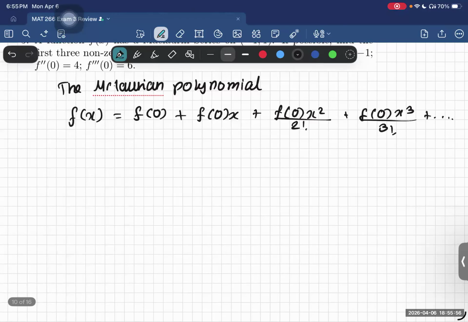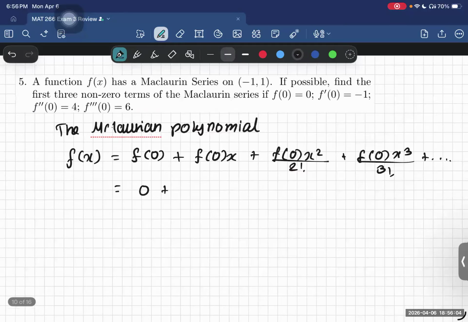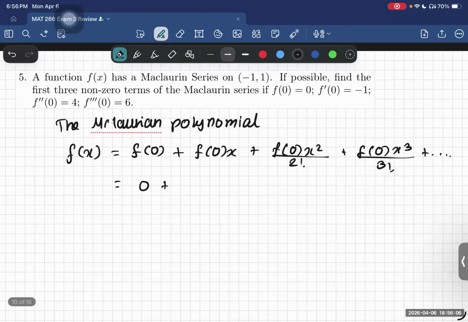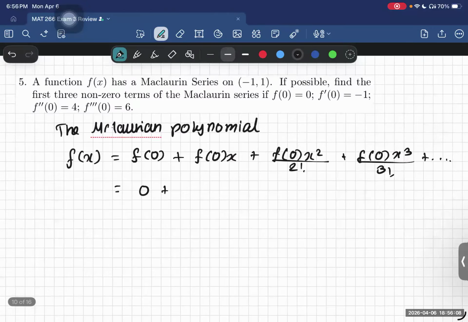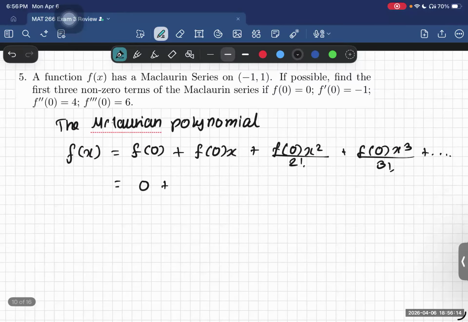So it's kind of following the same rule if you see. Okay, so let's put it in action. So we have f of 0 was 0 plus f'(0) times x. So this will result in 4 by 2 x squared, then we have 6 by 6 x cubed and so on.